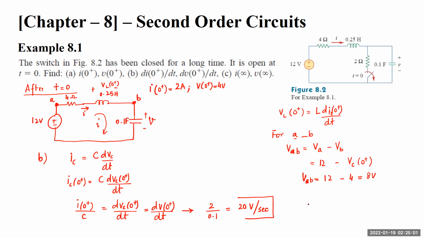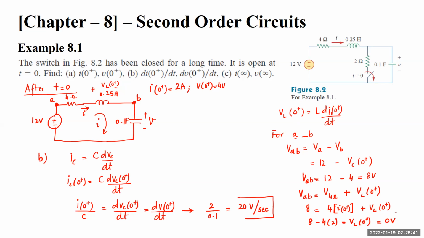Now VAB is equal to the voltage drop across the 4 ohm resistor plus the voltage drop across the inductor. So VAB is 8. The voltage drop across the 4 ohm resistor is 4 times the current flowing, and the current flowing is I(0+), plus VL(0+). I(0+) is 2. So we get 8 minus 4 into 2, 8, equals VL(0+), and this becomes equal to 0.